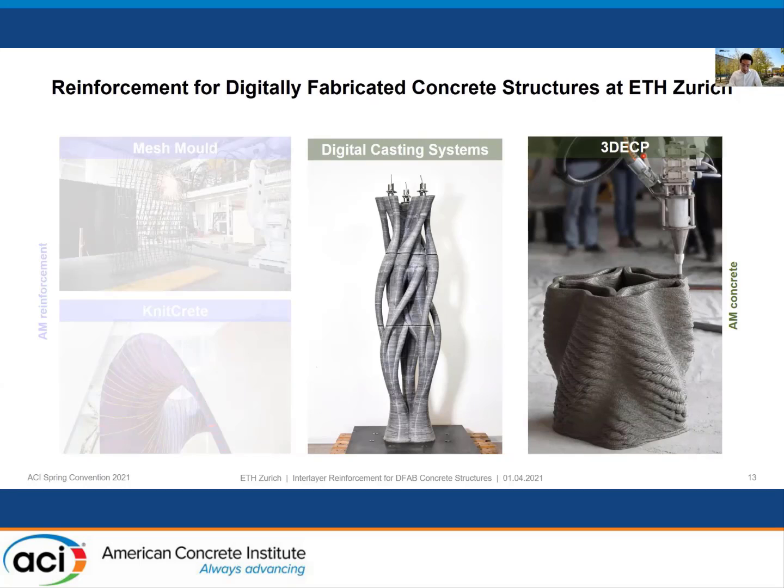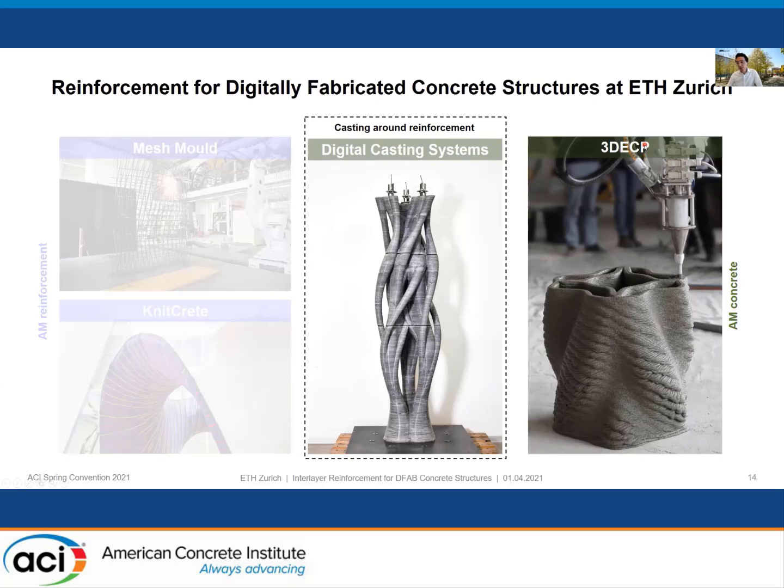And I agree, but regarding the reinforcement, we could see some advantages in having this minimum formwork, in which we can cast around the reinforcement, because we are not placing the concrete on top of the previous layer, but casting. So we have a bit more flexibility, and in some cases we are able to cast around the reinforcement, which is a quite conventional structure.